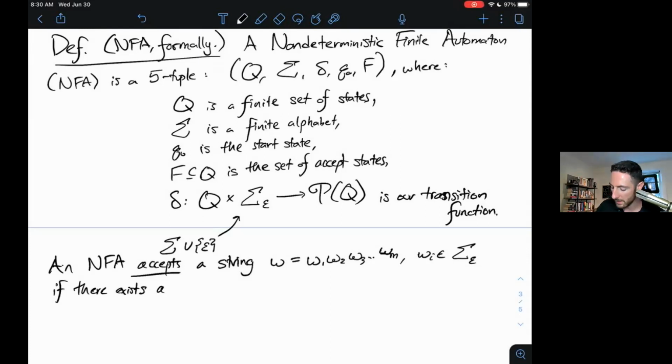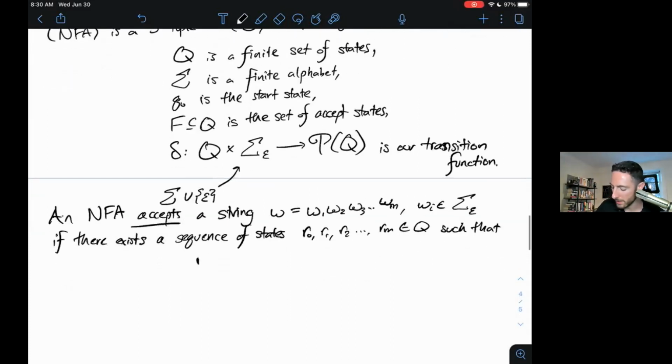So if there exists a sequence of states r0, r1, r2, all the way to rm, such that, well, our accepting branch should start at the start state. That is, r0 should be q0. Each next state that we get to should be a legal path from the previous state.